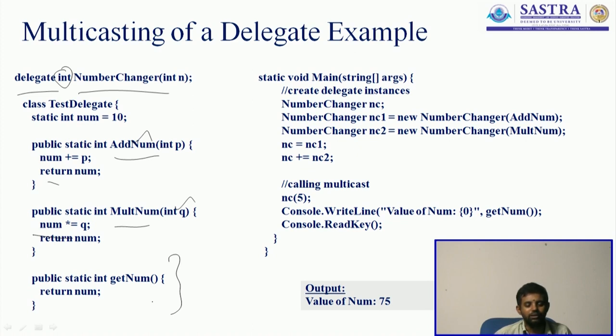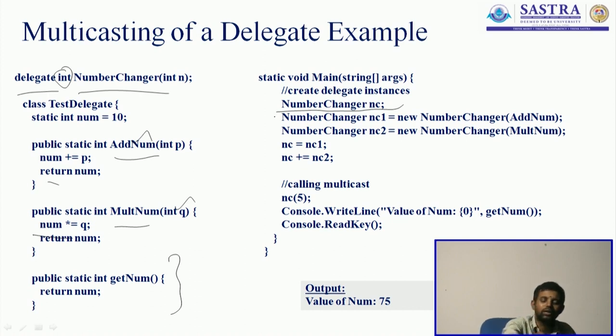We are proceeding further with the main method. Here we are simply creating a reference alone, something like this: NumberChanger nc. NumberChanger nc is going to be the object reference. Then we have two more instances we are trying to create.